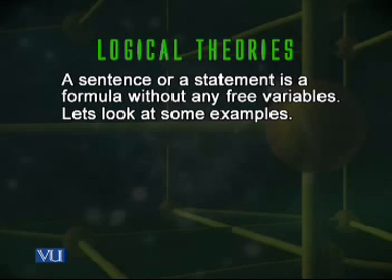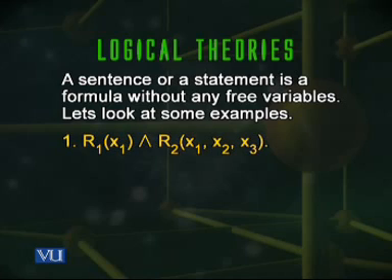Let's look at an example to clarify this concept. The first formula is R1(x1) and R2(x1, x2, x3). This formula has 3 free variables, x1, x2 and x3. They do not come in the scope of any quantifier, therefore they are 3 free variables.